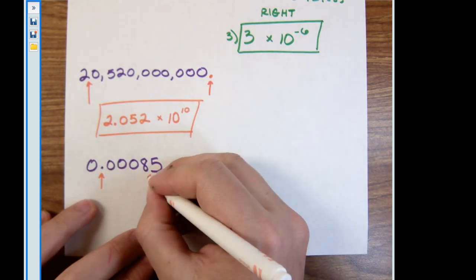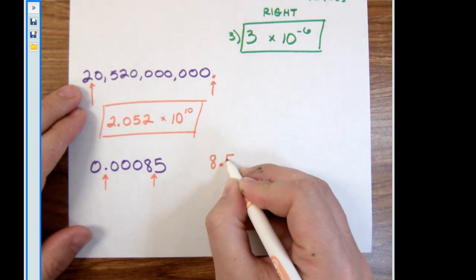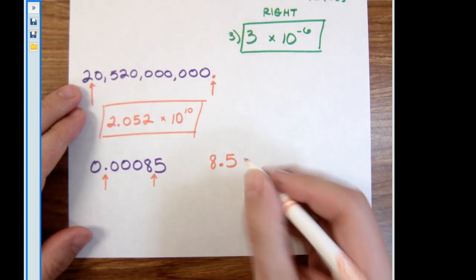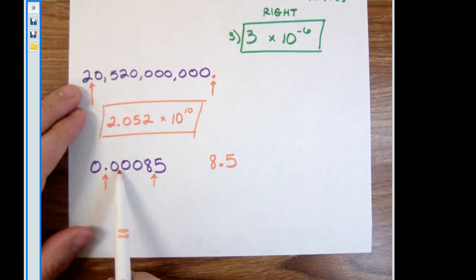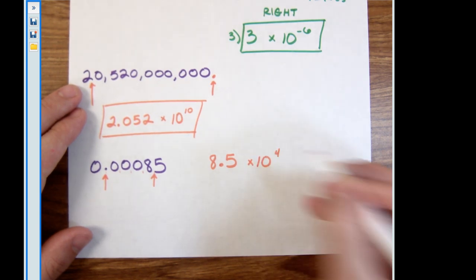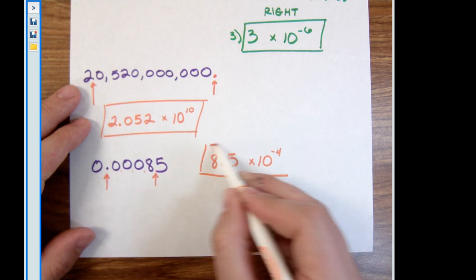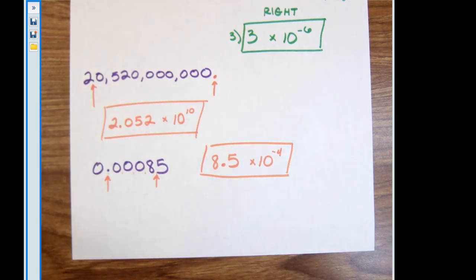So what would my number be? 8.5. How many spots did I move it? 4, right? So times 10 to the 4th, but I moved it to the right, so negative 4.